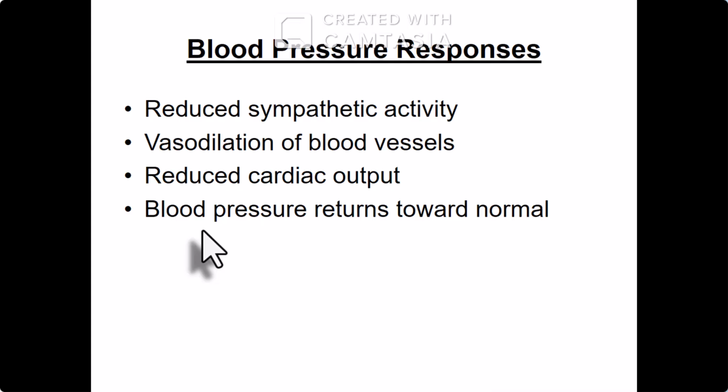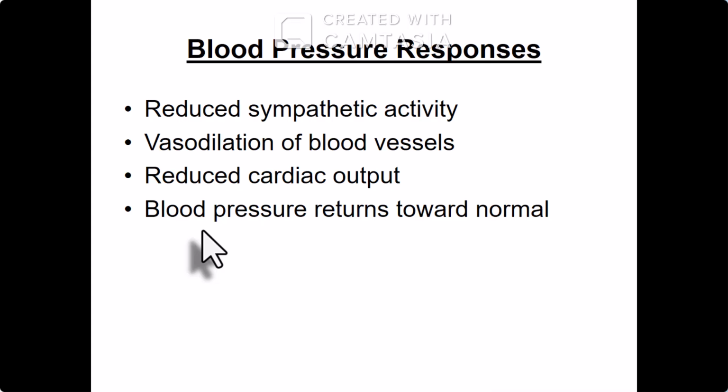By reducing the sympathetic nervous system activity, our blood vessels get dilated and our heart activity also decreases. So, due to this activity, our blood pressure gradually returns toward normal.